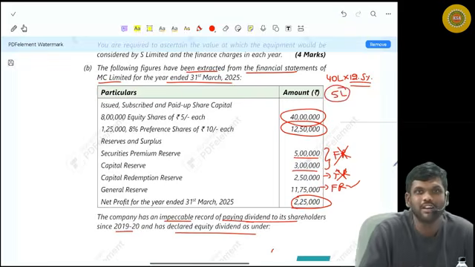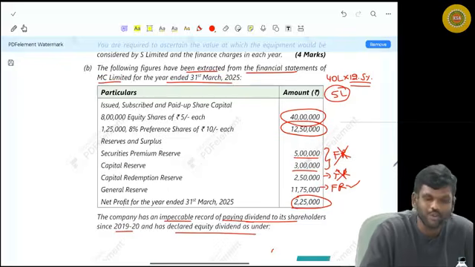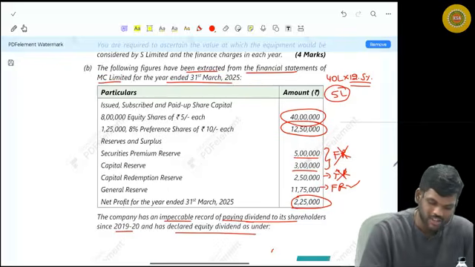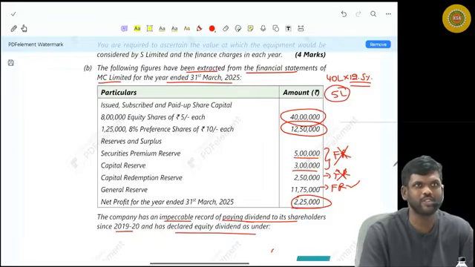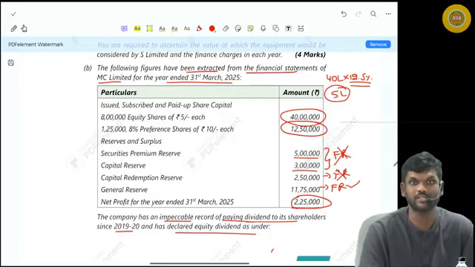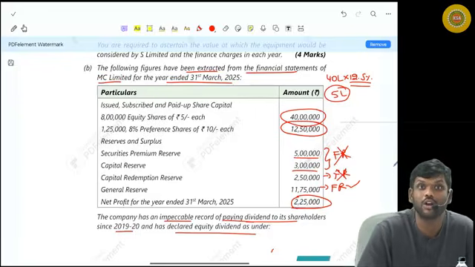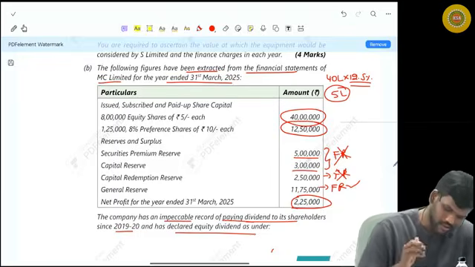But I have a current year profit of only 2 lakh 25. Sir, above 5 lakhs you want to give. Current year you have 2 lakhs 25 profit. So 5 lakhs minus 2 lakh 25, 2 lakh 75 is what you will take from reserves. If you think like that, you are wrong. Why, sir?